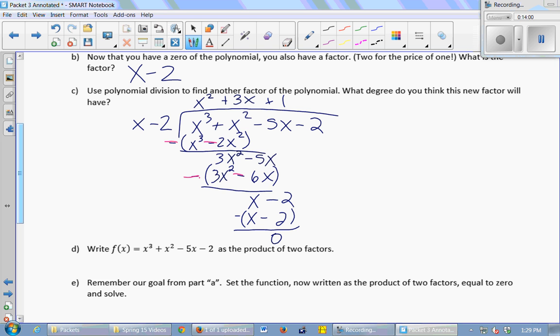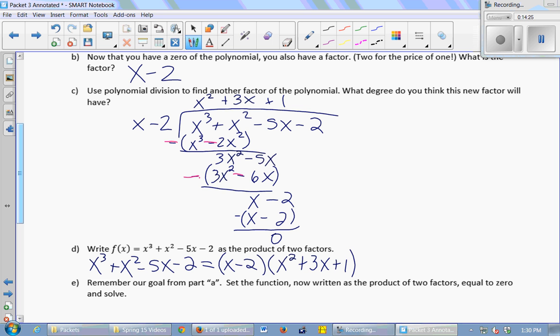Okay, so I now know that x cubed plus x squared minus 5x minus 2 can be written as x minus 2 times x squared plus 3x plus 1. Right, that's what the polynomial long division did for us. It allowed us to find another factor.